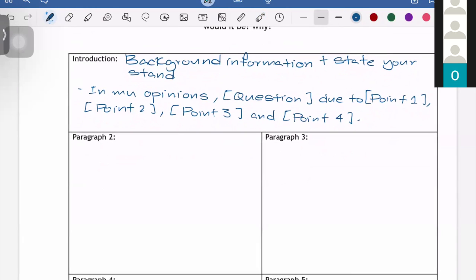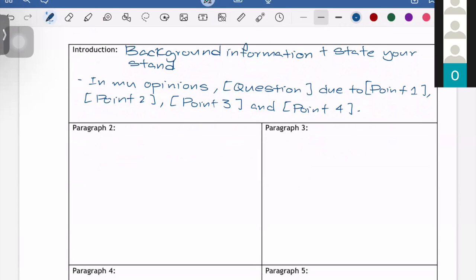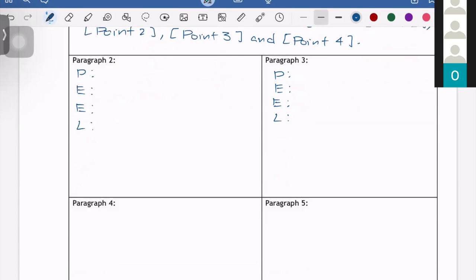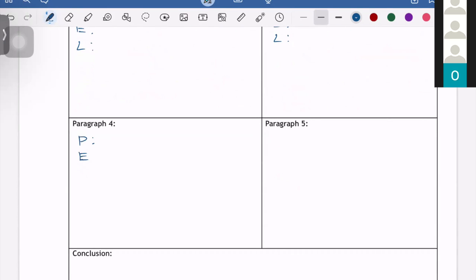So body paragraph, details that you should include, same as your argumentative, your point, your elaboration, example, and then link back. Same thing applies for the following paragraph.